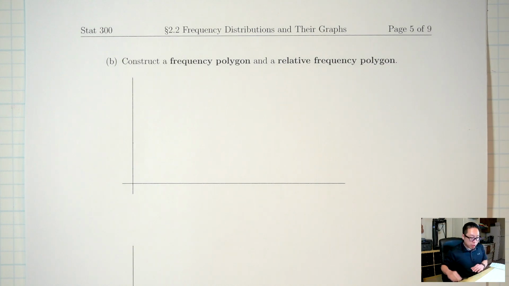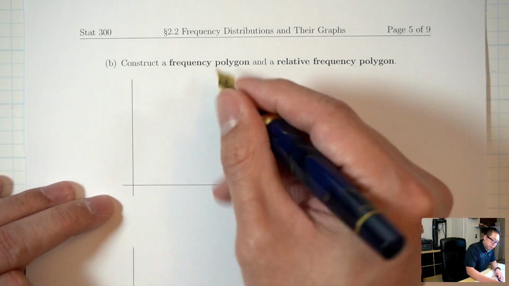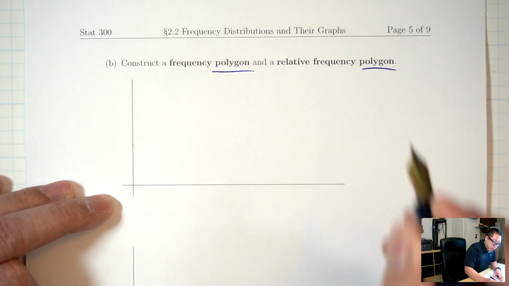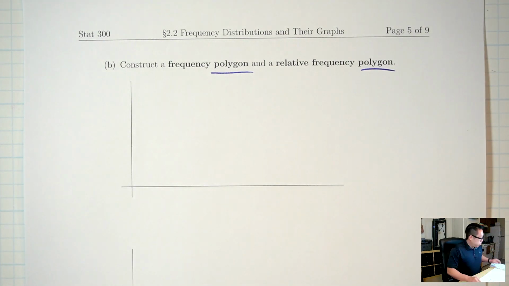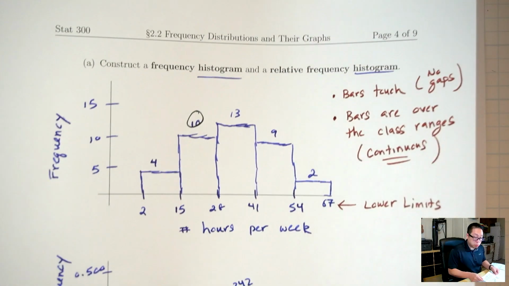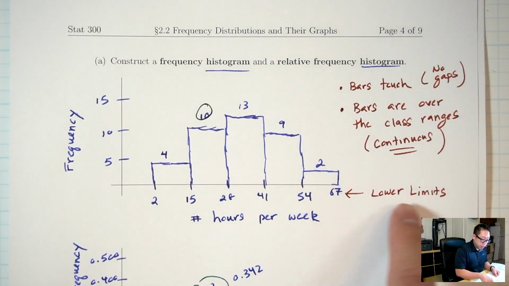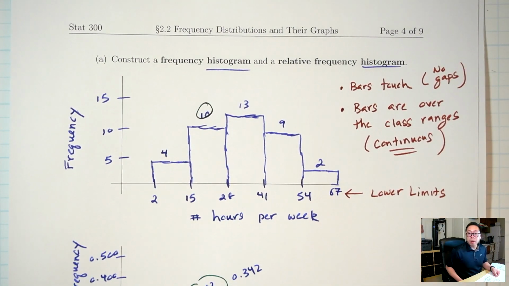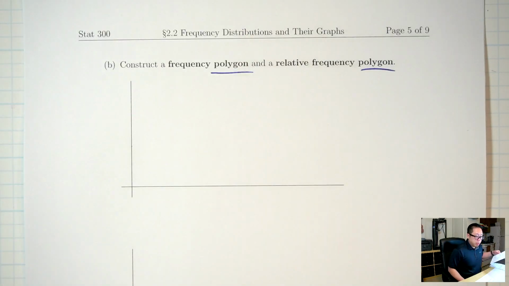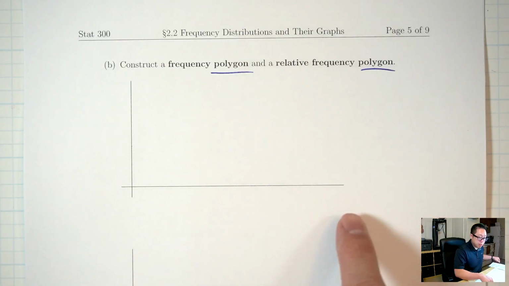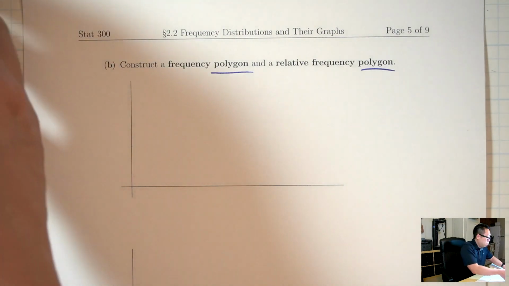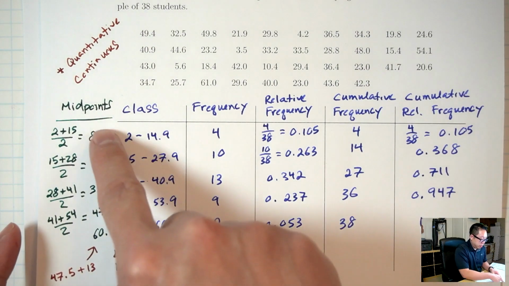The next type of graph is a polygon. So for a histogram, which is what we just drew, we put the lower limits on the x-axis. For a polygon, we're going to put the midpoints, okay, which are these numbers here.